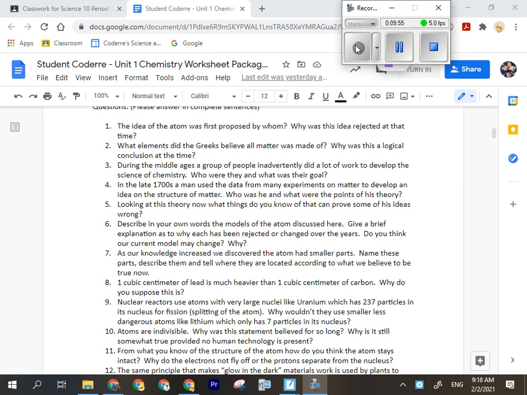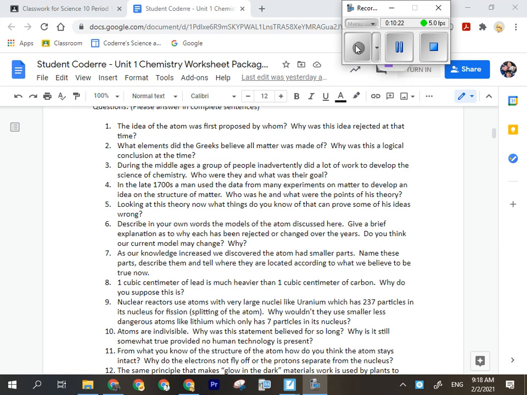So the plum pudding model is out, and now we're into the nuclear model of the atom, Rutherford's model, then Bohr's model, or the planetary model, with the electrons orbiting like planets around the sun, and then finally, to explain how electrons jump up and down in energy levels, we have de Broglie's electron cloud model, which is our currently accepted model of the atom.